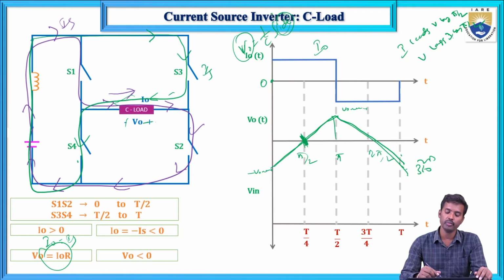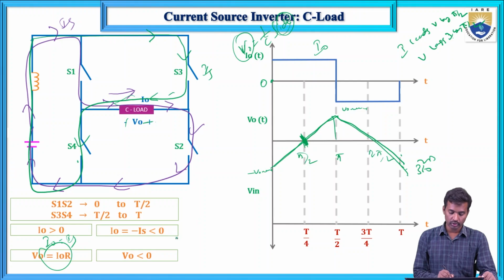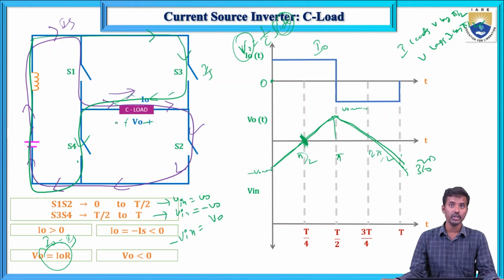If you integrate a square waveform, you will get a triangular waveform. And next, V input equals V naught in case of 0 to pi by 2, and V input equals minus V naught. Already we have discussed.